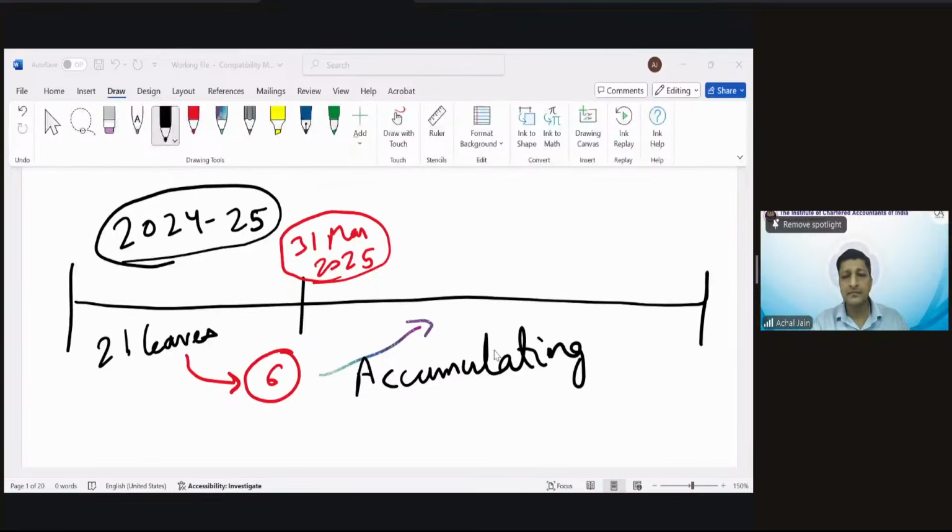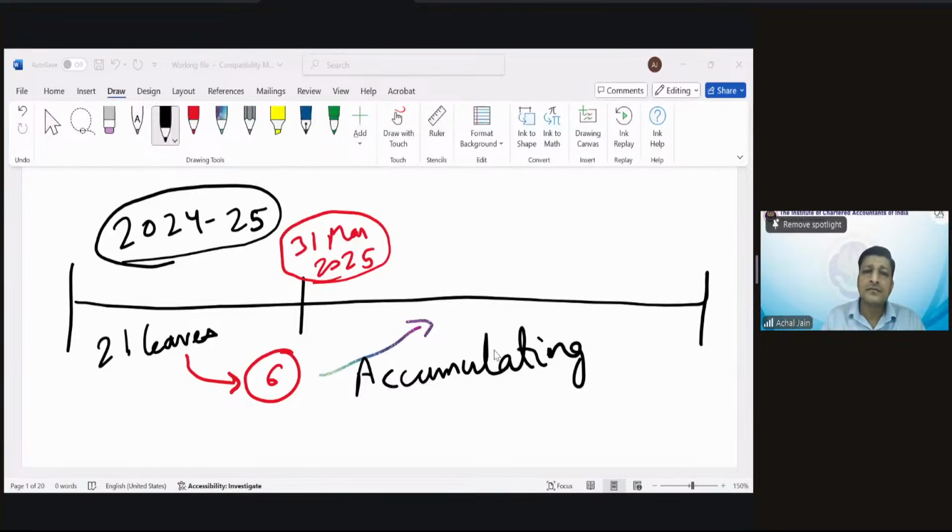Sir, I am asking here if the employee does not use 6 days leave and carries forward to next year, so it is accumulated, right? Right. And if he does not carry forward 6 days leave, then it will be non-accumulated. Correct. If you say the company has a policy that the leaves will lapse, then it is non-accumulating. Thank you, sir. All right.